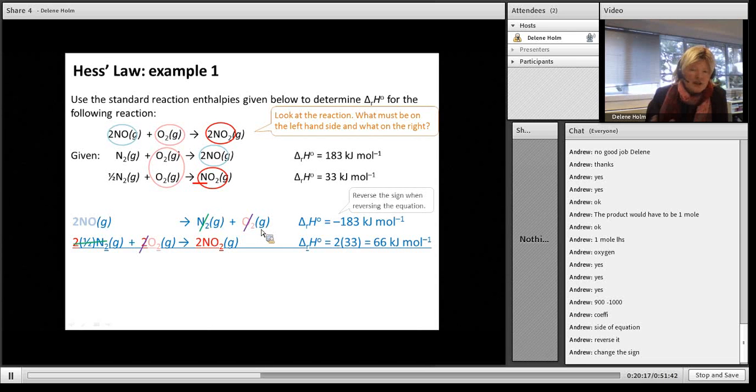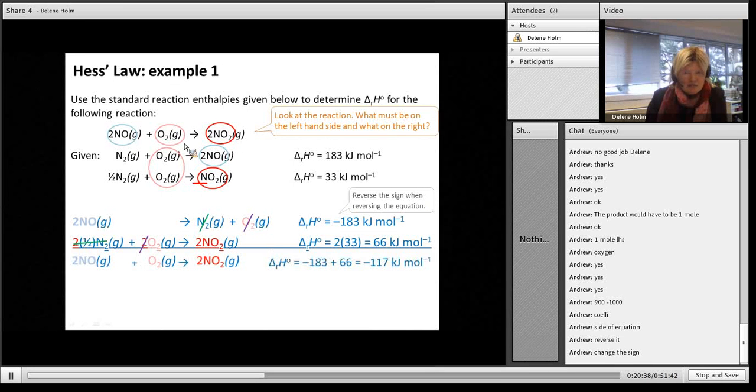So the right hand side will cancel out 1 of the O2s on the left hand side. So I'm left with 2NO, I'm left with 1 O2, and I'm left with 2NO2 that hasn't cancelled. And you check, does that match the equation that I want?